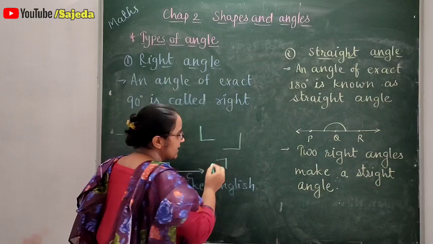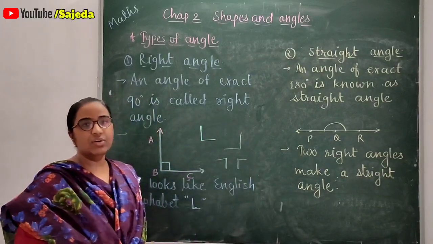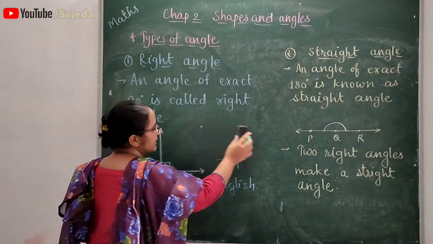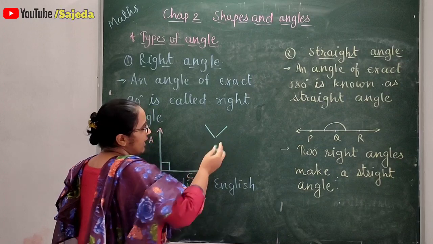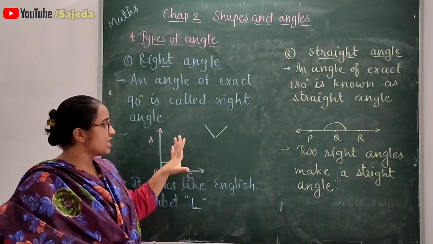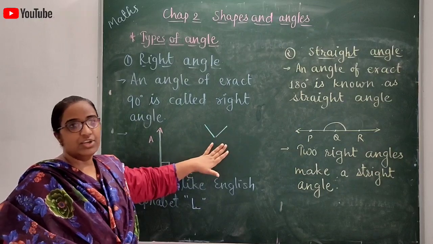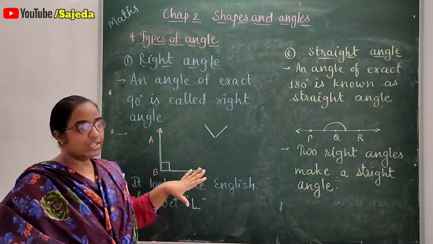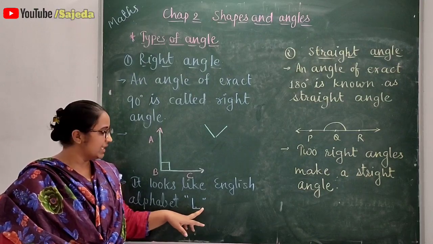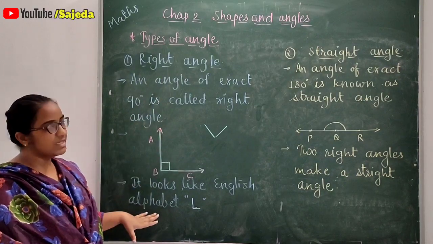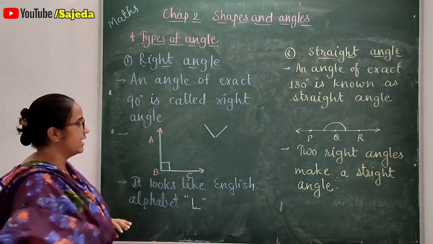Suppose it is given like this, it is also a right angle, and if it is given like this, it is also a right angle. As long as it forms the English letter L shape, it is a right angle. So to remember the right angle, you just have to remember the English capital letter L. A right angle is exactly 90 degrees.